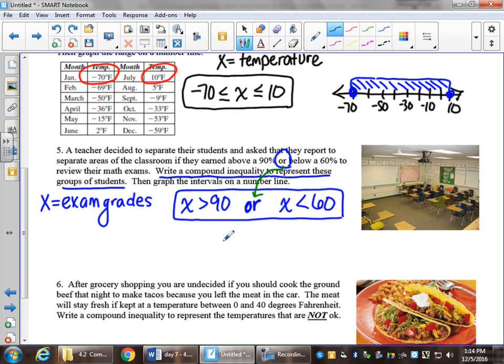Now let's graph it. So X greater than 90 is one group.